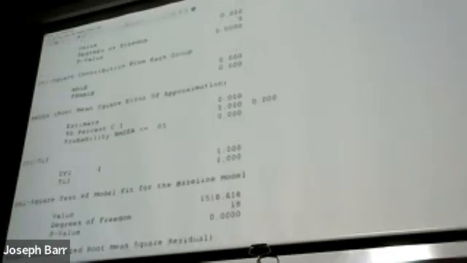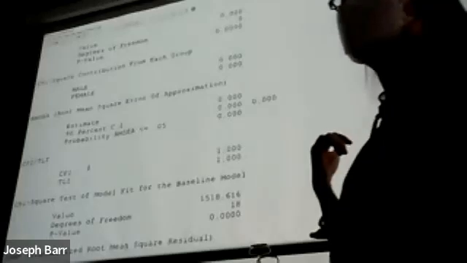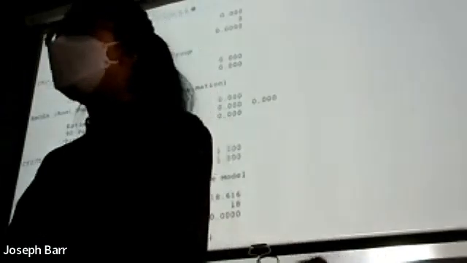Can you tell the difference? How about this model? Based on the output here, it's perfect. CFI is 1. Do you know why?